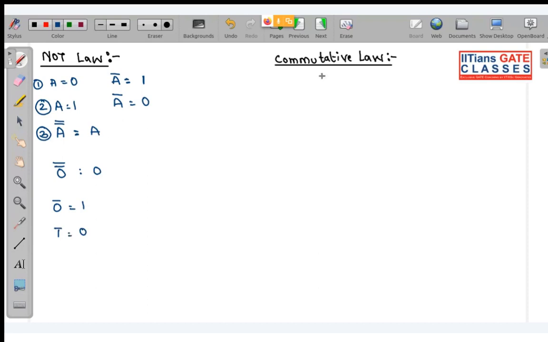Now next is what? Commutative law. Okay, commutative. What do you mean by commutative law? If we interchange the values, like the places of the value, then this doesn't affect the result.